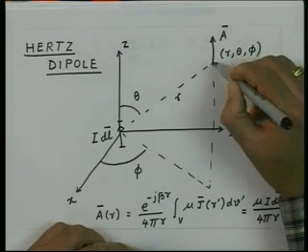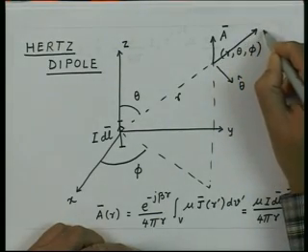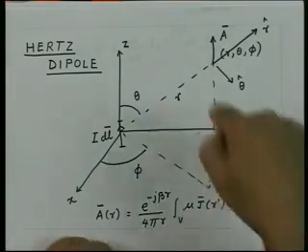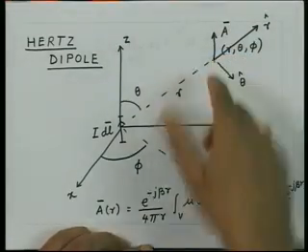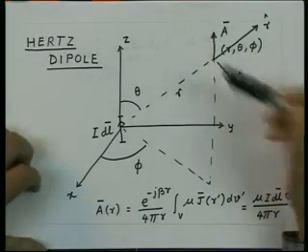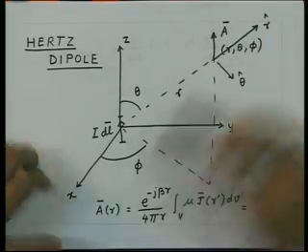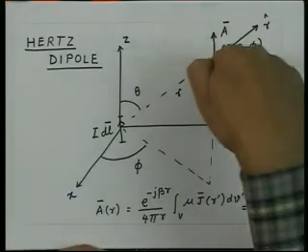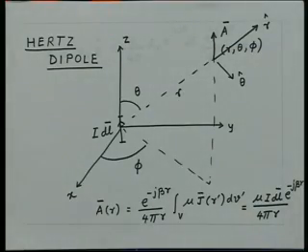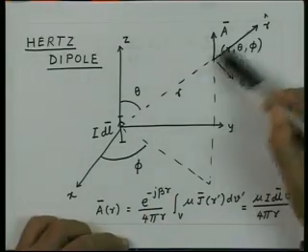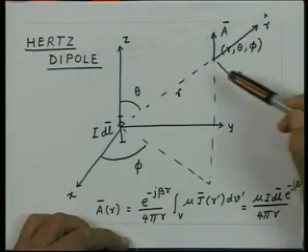The radially outward direction is the r direction, and the phi direction is perpendicular to the plane of the paper, going this way. This vector potential does not have any component in this direction perpendicular to the plane of the paper, that is 90 degrees with respect to this. So, the vector potential in the spherical coordinate system would have two components, the r component and the theta component.